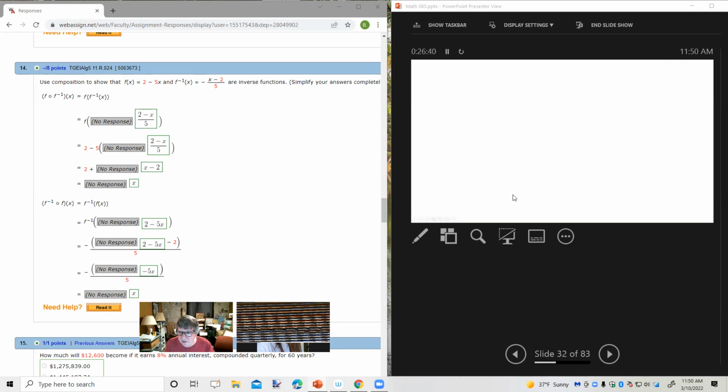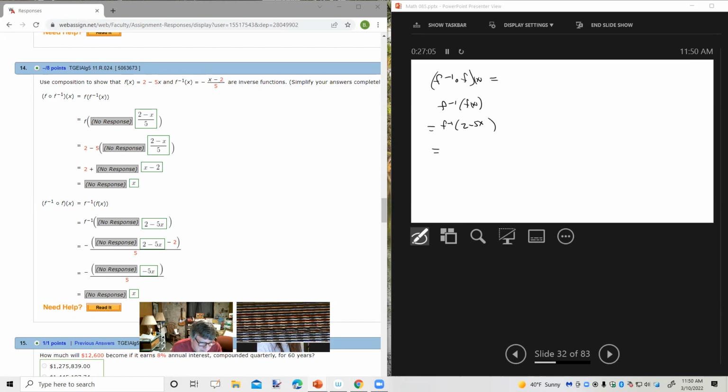I know it's tricky. So then the second part, f inverse composed with f of x, would be f inverse of f of x, which would be f inverse of 2 minus 5x. This one they didn't mess with.